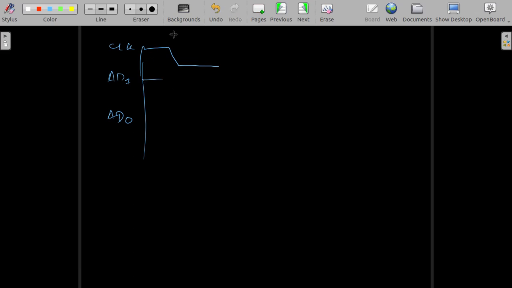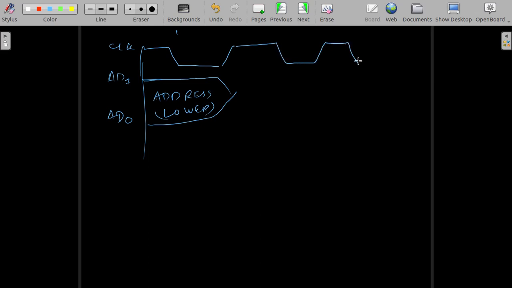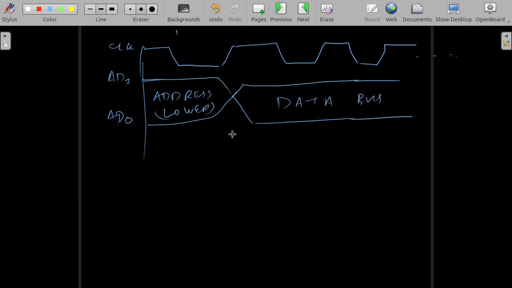During the first clock cycle, this acts as the address bus lower, and from the next clock cycle onwards, for however many clock cycles there are, these lines act as data. This is how it happens, right?